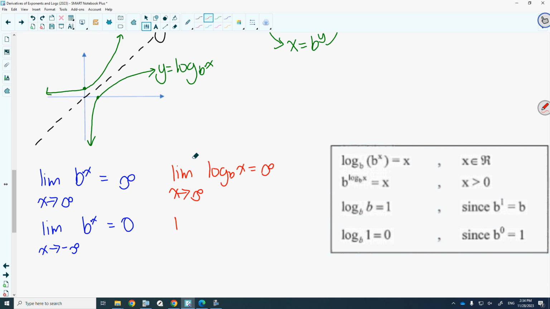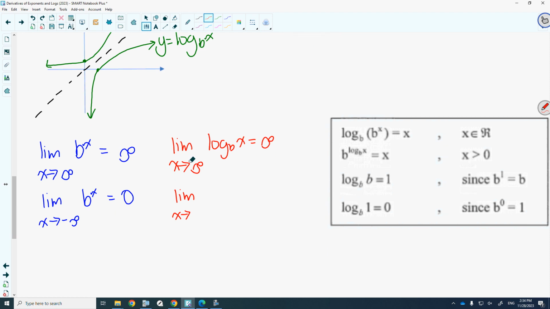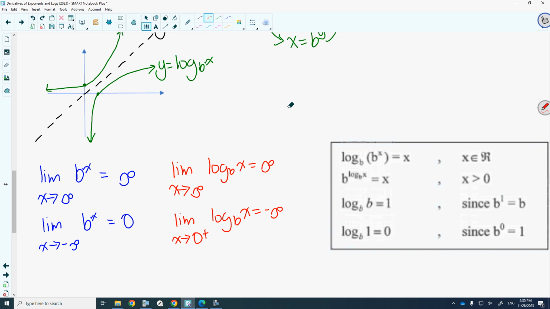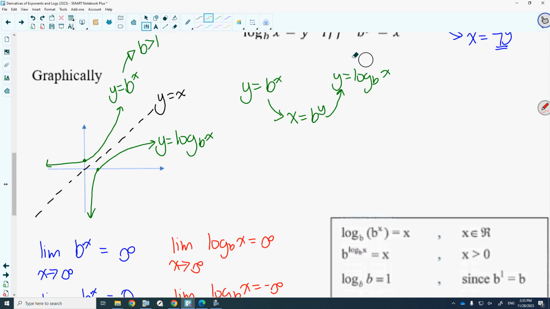And for my log graph, I can't approach negative infinity, but do you know what I'd be approaching? 0 from what side? Is my log graph approaching 0 from the right or from the left? From the right. So 0 from the right of log base b of x. And Carly, what would that be? It'd be negative infinity.